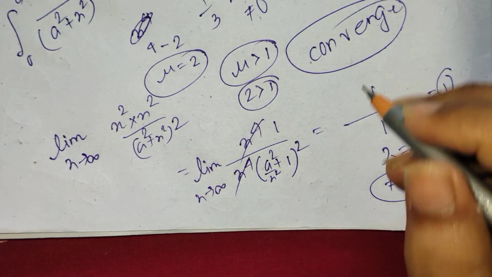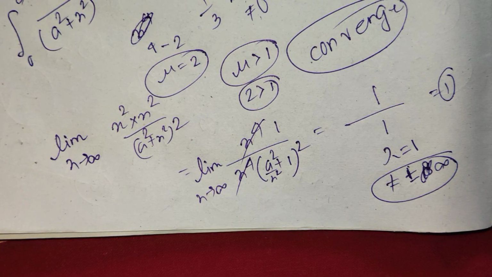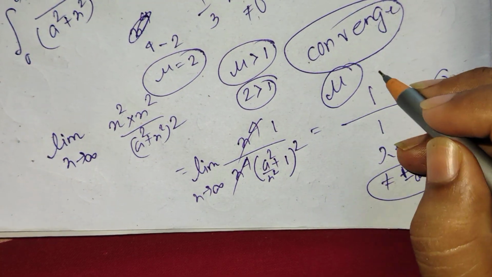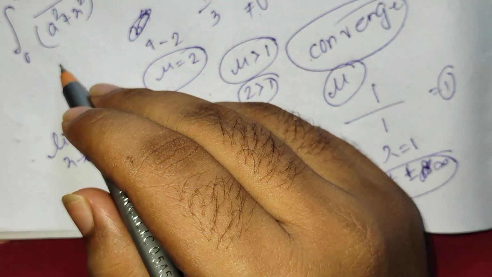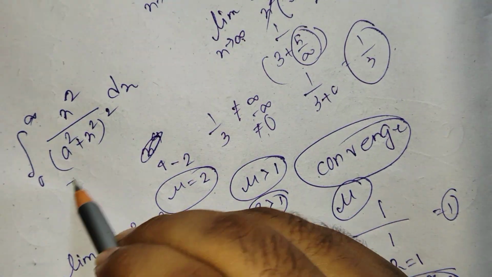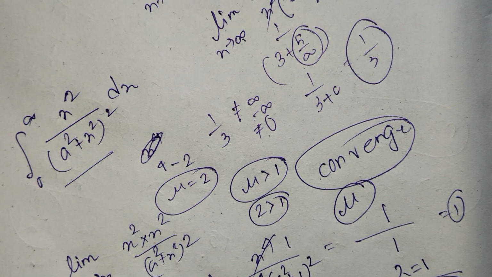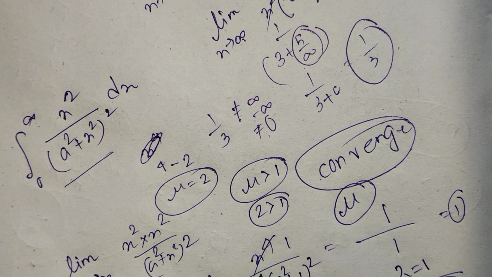Hopefully you can understand. This process will be valid only for this kind of question, where we see the ratio of two polynomials or something like that. But the actual process is something different.